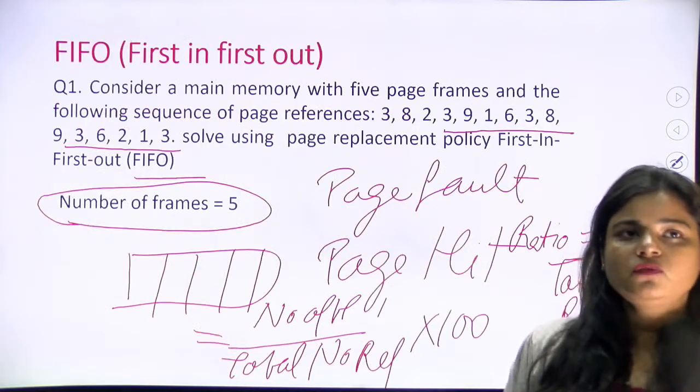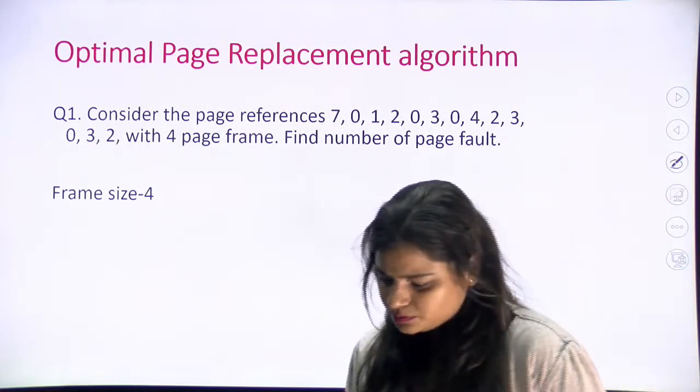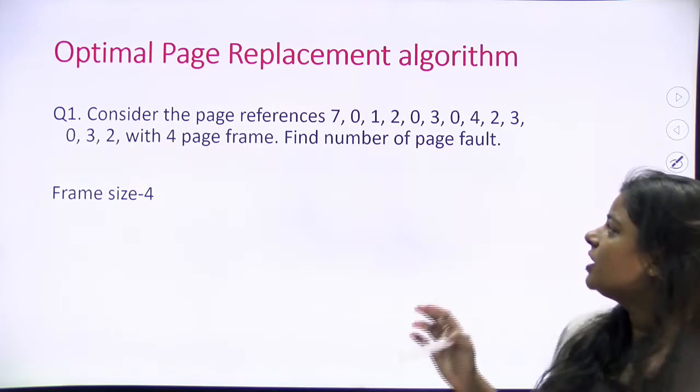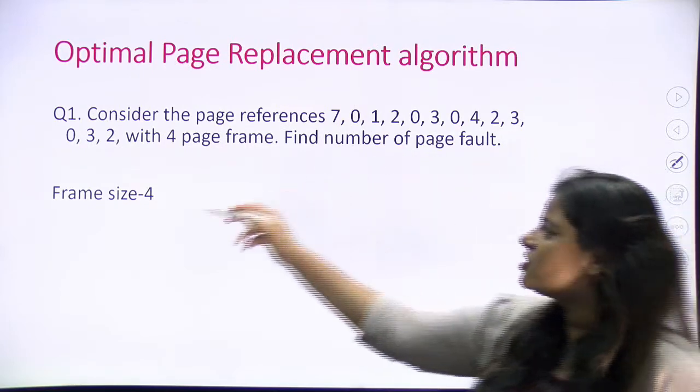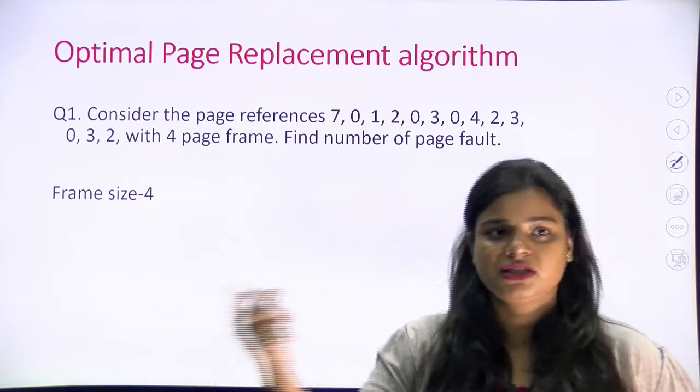Okay, let's continue with another algorithm, which is optimal page replacement. Optimal page replacement says that we have some string of pages and we have to replace the pages depending on the future coming sequence.